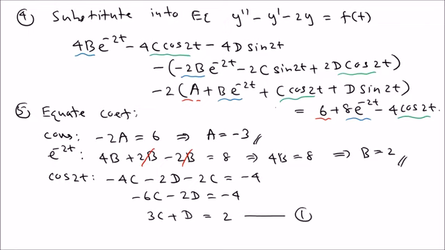Now we're going to create a similar equation for sine 2t and solve the two. So let's see what you're going to get for sine. For sine 2t, we're going to get negative 4d and then plus 2c minus 2d equals 0, but there's no sine term on the other side.